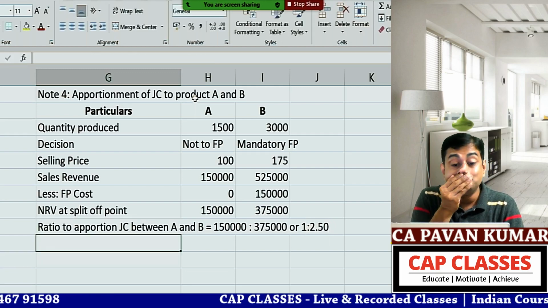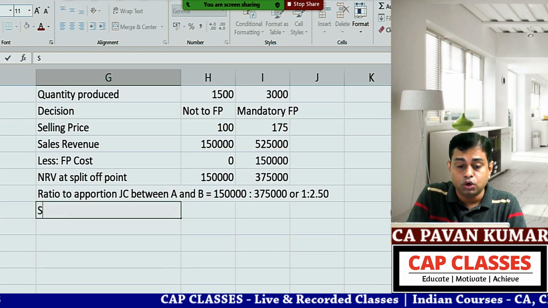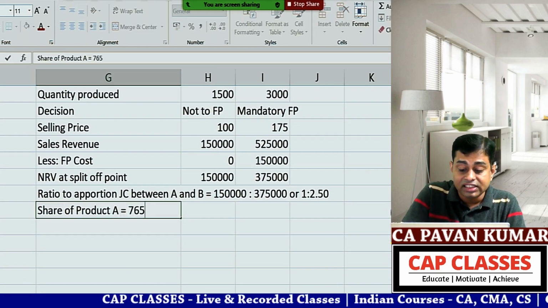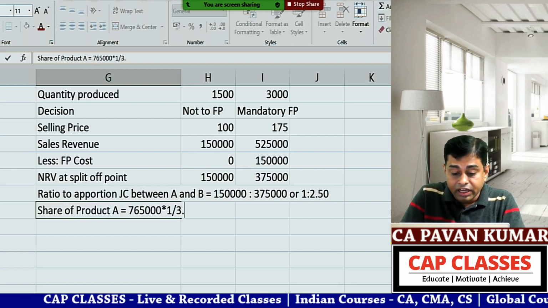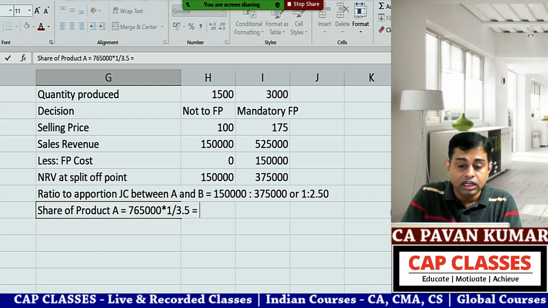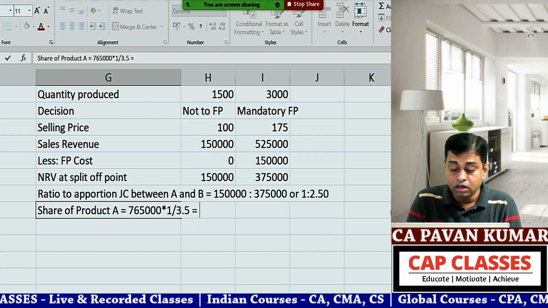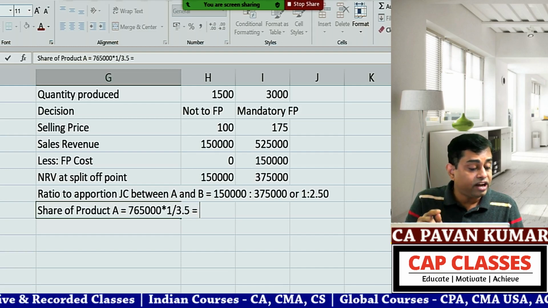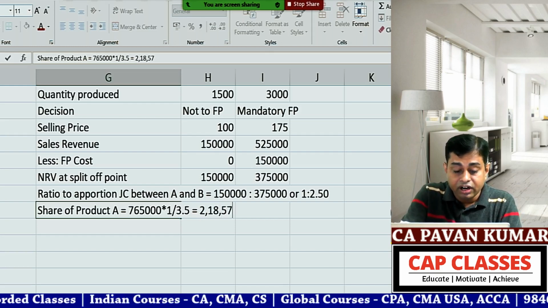That's all. So what is the total joint cost? We have calculated 7,65,000. So share of product A is equal to 7,65,000 into 1 divided by 3.5. Take your calculator, 7,65,000 into 1 divided by 3.5. That comes to 2,18,571.